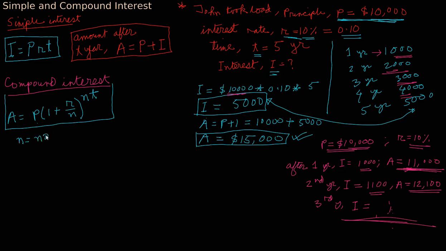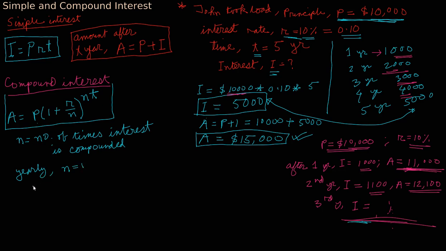So for example, if my interest is compounded yearly, then n will be 1.